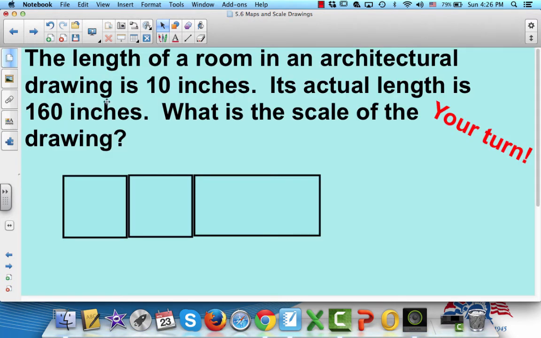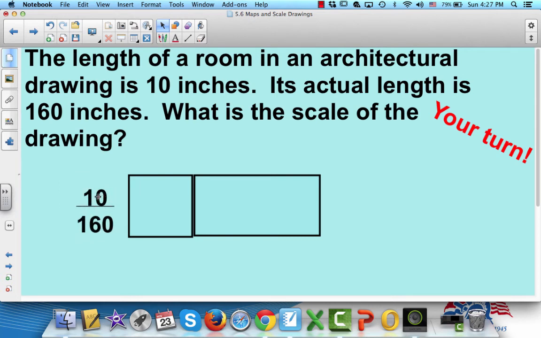All right, your turn. The length of a room in an architectural drawing is 10 inches. The actual length of the room is 160 inches. What is the scale of the drawing? Your turn. Pause the video. Okay, so it was 10 inches to 160 inches. So we write down 10 inches to 160.